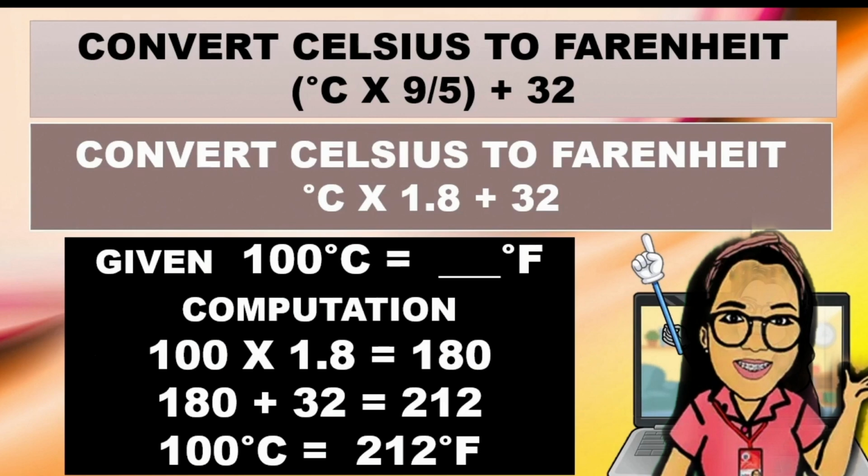Then, 180 plus 32 equals 212. So, our answer is 100 degrees Celsius is equivalent to 212 degrees Fahrenheit.